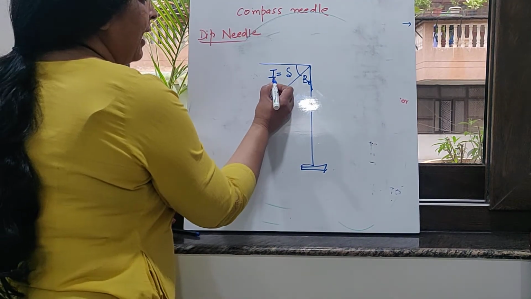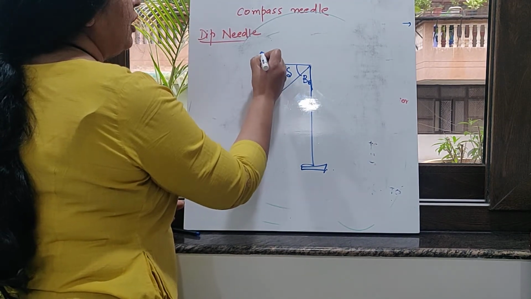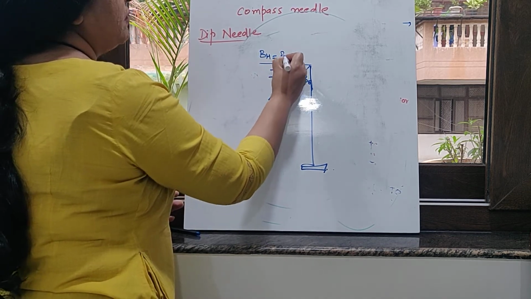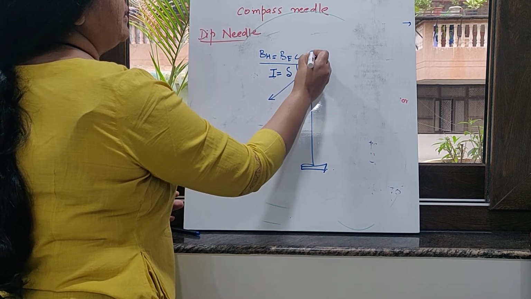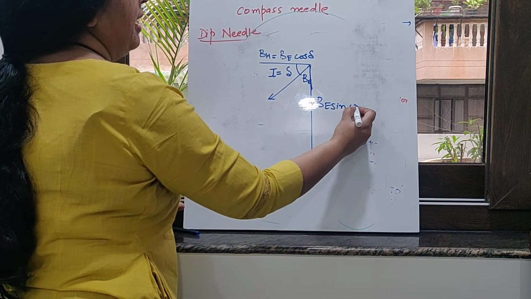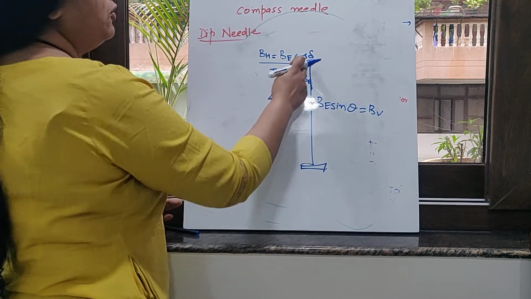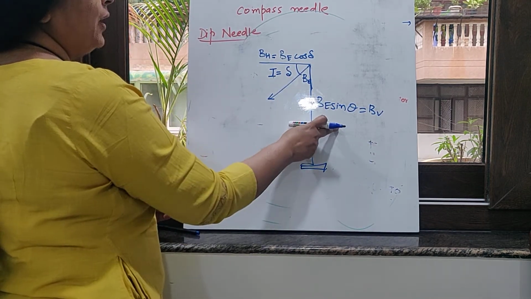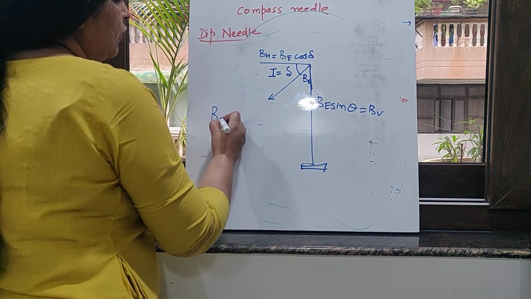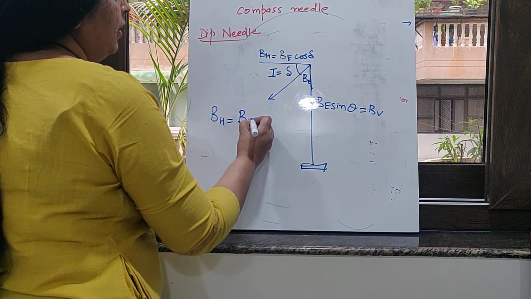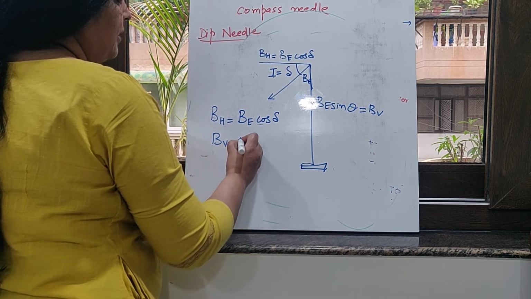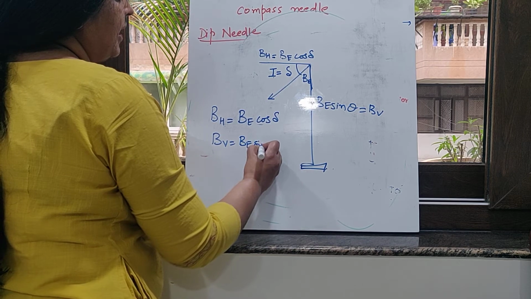You can also call it the angle of inclination, and we can also represent it by I. Now if this is the angle, using trigonometry, the horizontal component will be BE cos delta, and the vertical component will be BE sin delta. So Earth's magnetic field has two components, the horizontal and the vertical. The horizontal component is equal to BE cos delta, and the vertical component is equal to BE sin delta.